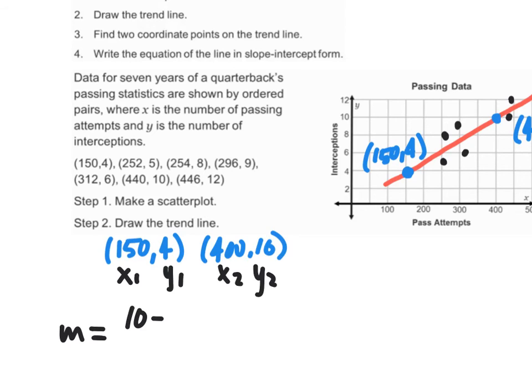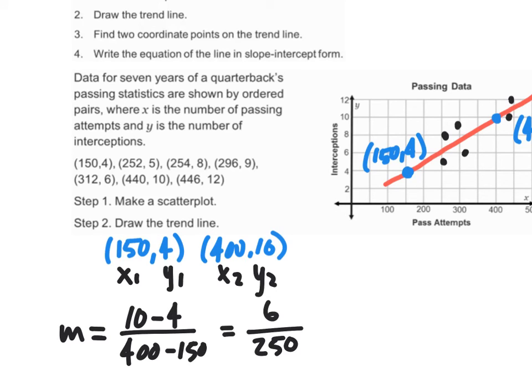I've got 10 minus 4 over 400 minus 150. So 10 minus 4 is going to give me 6. 400 minus 150, sorry, is going to give me 250, okay? And so if I take 6 divided by 250, that's going to give me a slope of m equals 0.024, okay, and that's my slope.